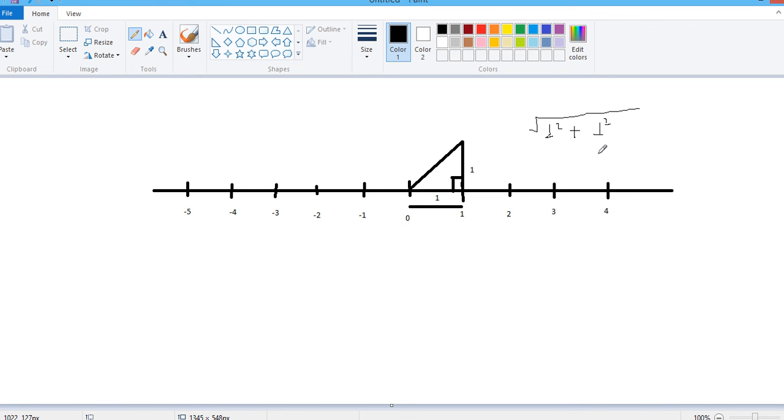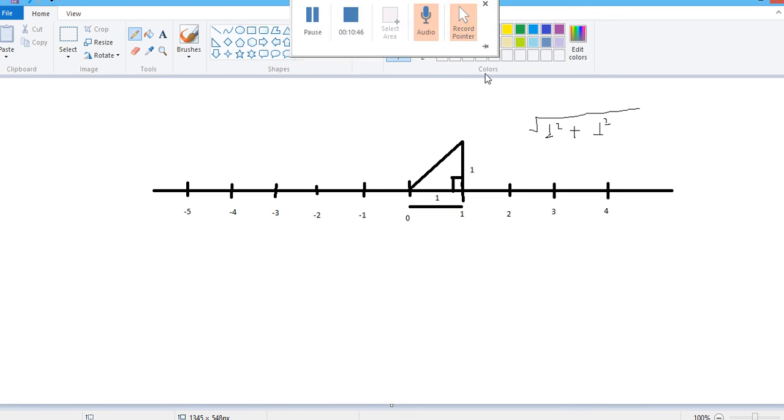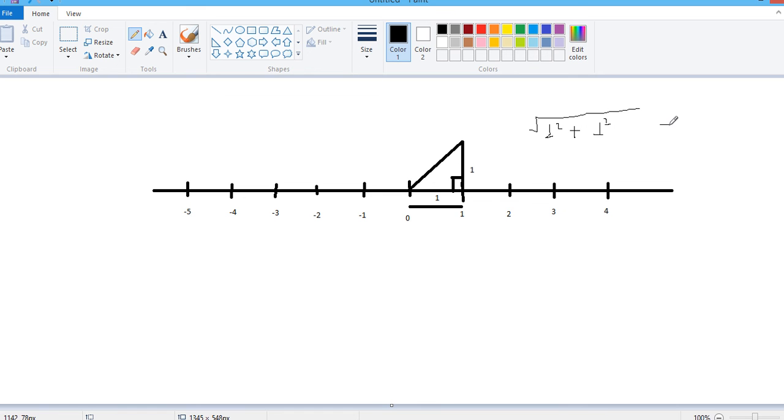Then 1 plus 1 will be equal to root 2, right? So the value here will be root 2. Root 2 can be represented as 2 to the power half. I told you, right?